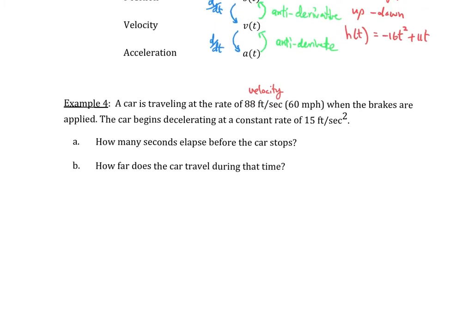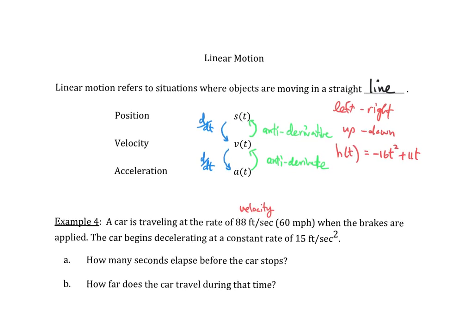So actually, let me go back to my example up here. If we were to think about it in terms of units, position is a unit of length. So maybe it's something like feet, or maybe it's something like meters. Then the velocity is a rate of change of position relative to time. So this could be like feet per second, or meters per second.